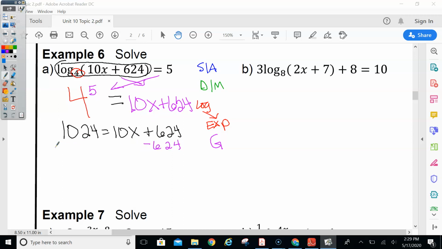So minus 624 gives us 400 equals 10x. And then we divide by 10. X is 40.